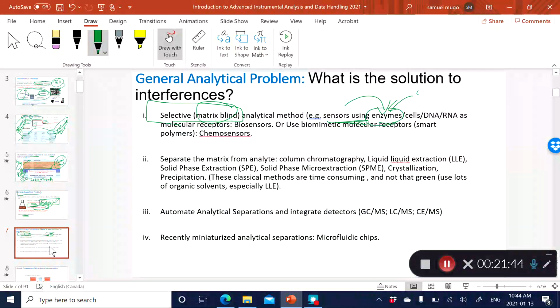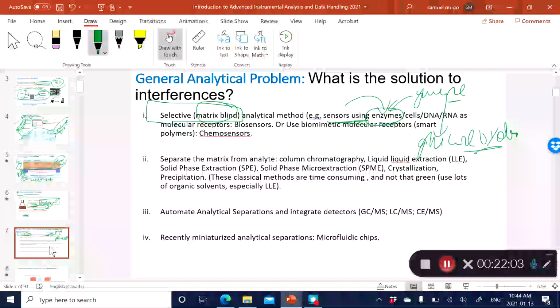Say something like glucose: glucose oxidase only oxidizes glucose and doesn't oxidize anything else. Hopefully, from that type of chemistry, you can find a way to quantify the amount of glucose that is present. We're going to talk about that later on. But the molecular receptors for sensors are things like enzymes.